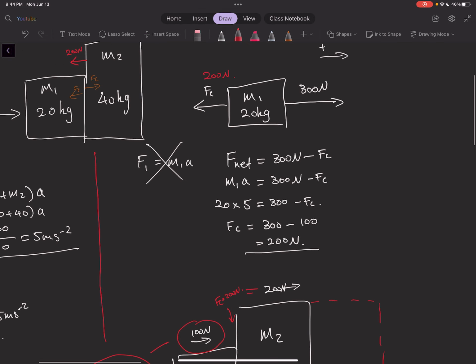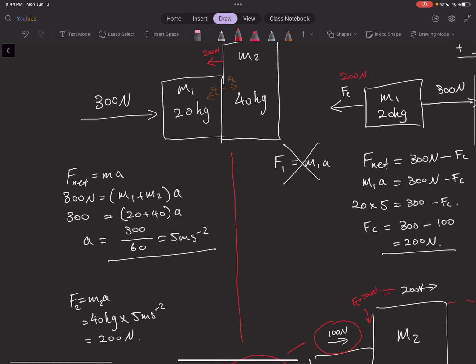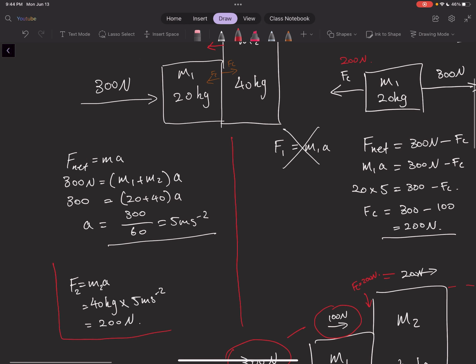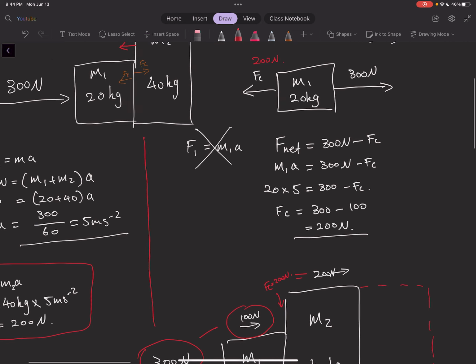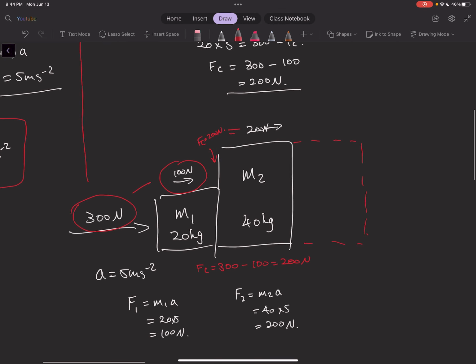So that is why, when we are using a 2-block system, we go immediately to the last block, the block furthest from the input source, because it only experiences one force, and therefore that force is equal to the contact force. And then we can work backwards.